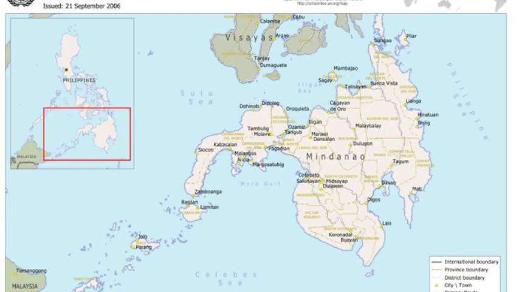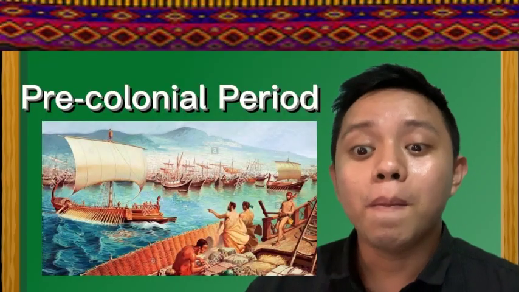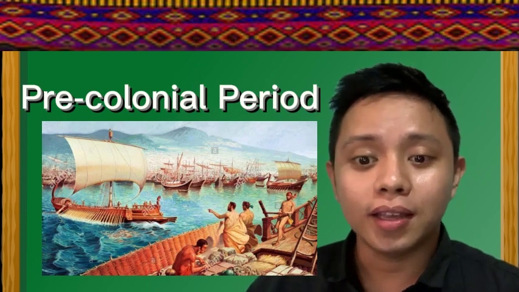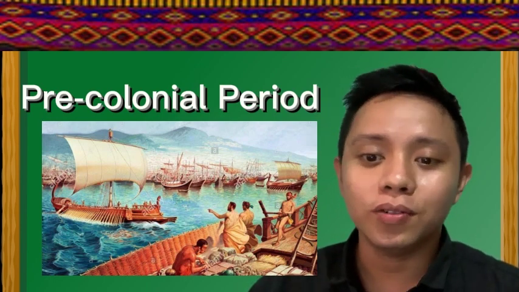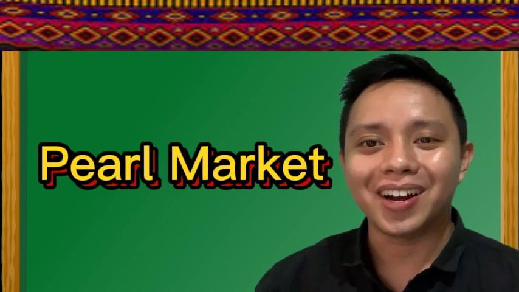Mindanao has the advantage in trading because of its geographical location, as we can see in the map. Before the colonial period, Moro traders in Mindanao, particularly from Sulu, and the Indo-Malay Peninsula and China, had been trading already. In fact, Sulu is best known for its Pearl Market.